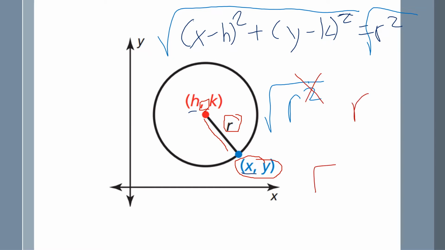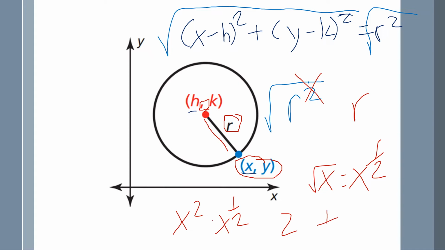Remember, the square root is equal to x to the half power, and so when you have x squared and then you have x to the 1/2, well, 2 is the reciprocal or the multiplicative inverse of 1/2, and 1/2 is the multiplicative inverse of 2.